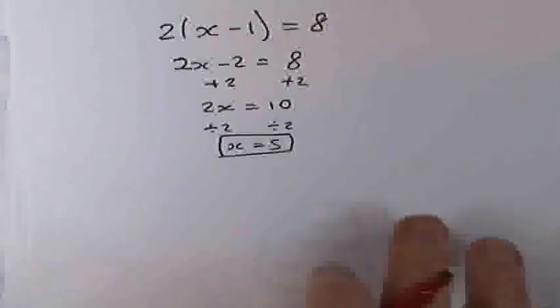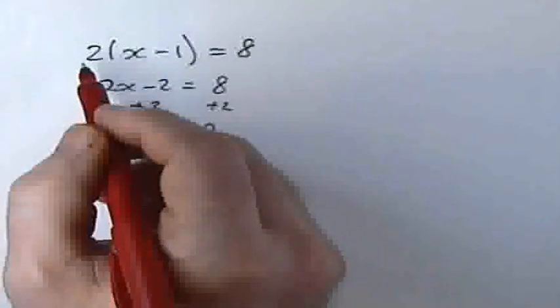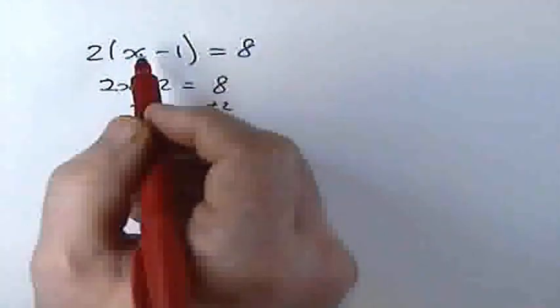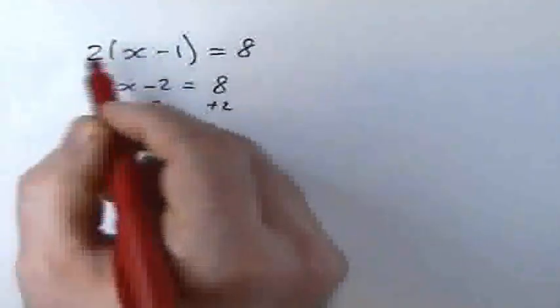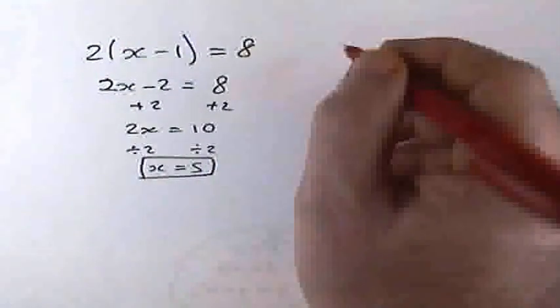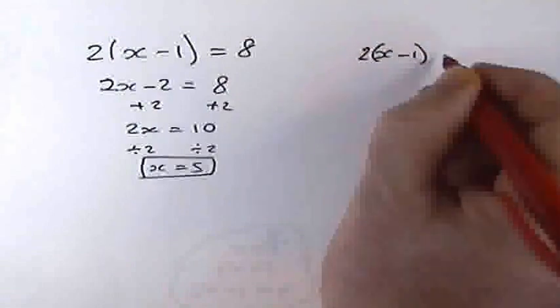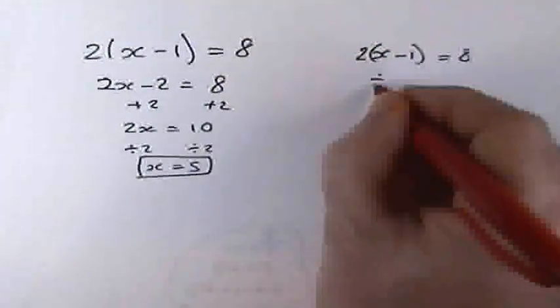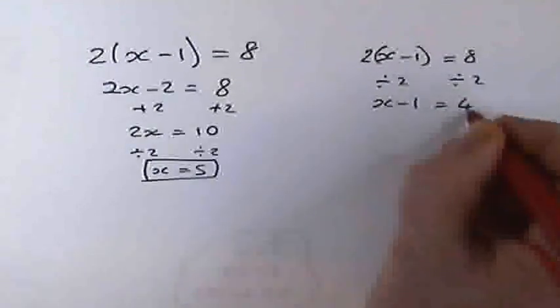The other method you could do though: this bracket is times by 2, so it's 2 lots of this. So rather than expanding the bracket, what we can do to both sides is divide by this 2. Let's divide by the 2 first, and that gives us x minus 1 equals 4.